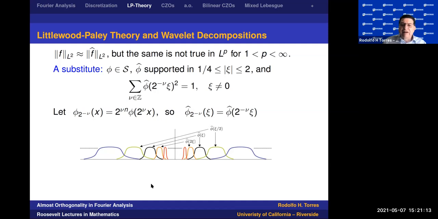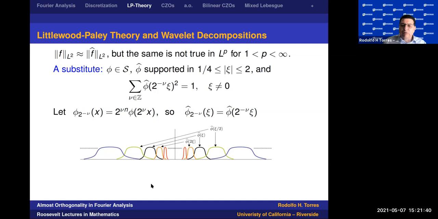Then I start to dilate this function, preserving the L1 norm. Because of the effect of the Fourier transform dilating, this function, since it misses the origin, gets stretched and moves away. As we take c over 4, c over 2, and so on, we move this way.